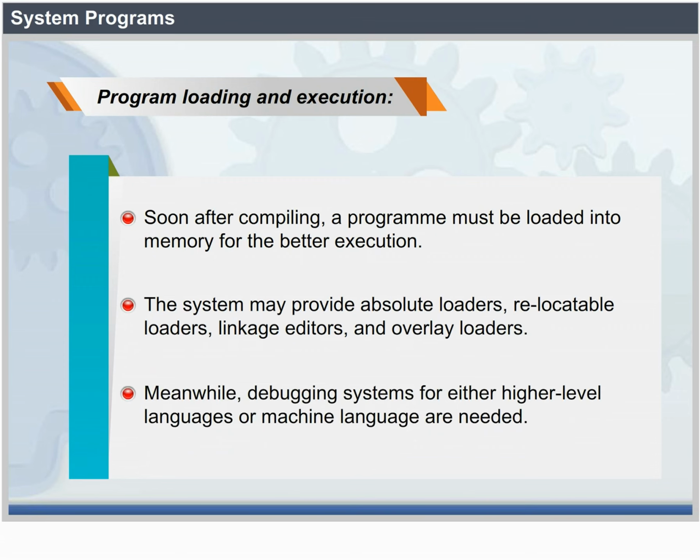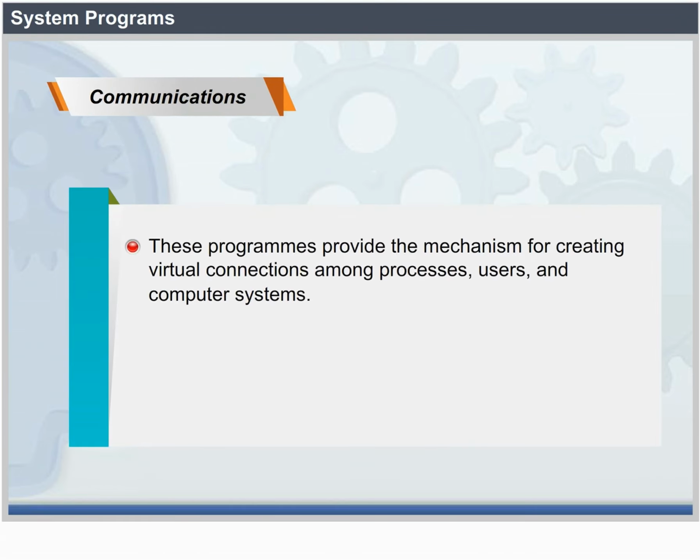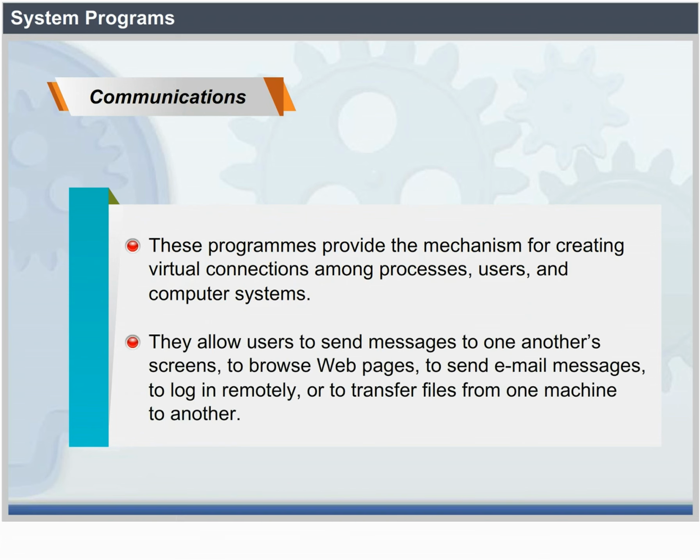Communications. These programs provide the mechanism for creating virtual connections among processes, users, and computer systems. They allow users to send messages to one another's screens, to browse web pages, to send email messages, to log in remotely, or to transfer files from one machine to another. Background services.